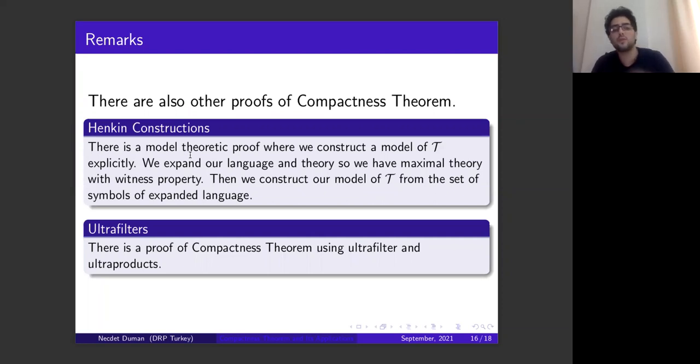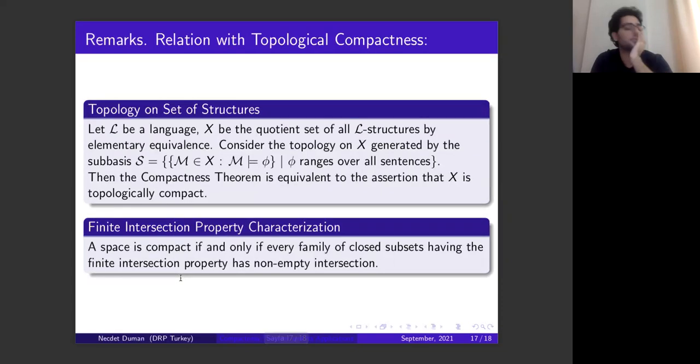There is also a more set theoretic proof by ultrafilters and ultraproducts, I won't go into detail. And my final remark is that the reason the compactness theorem is called compactness is that it is analogous to the finite intersection property characterization of compactness. So the compactness theorem is actually equivalent to some topological spaces being compact.